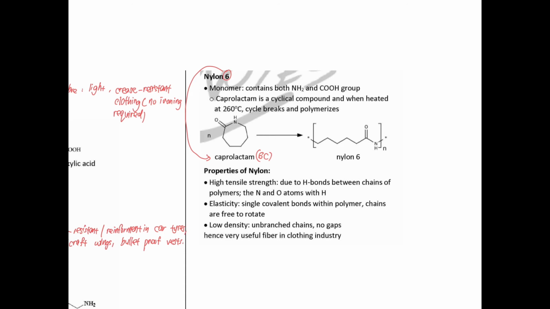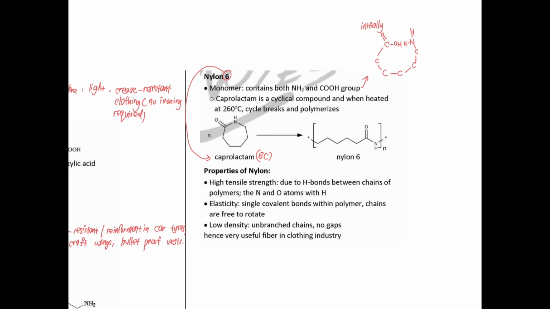So then I have to put it here at the side as an explanation. Initially, it has COOH and then C, C, C, C, C, C, then N, H, H. Initially, it has COOH and NH2.